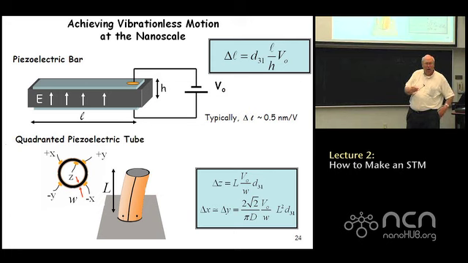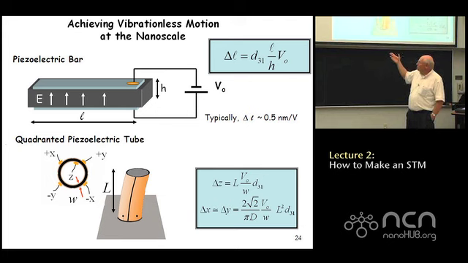So if you want to know how much the bar expands when you apply a voltage, let's say 1 volt, you've got to know the ratio of L over H, and you've got to know that piezoelectric coefficient. Typically for piezoelectric bars you'll get about 0.5 nanometers per volt applied. So if you apply a volt, the length of the bar expands by about 0.5 nanometer, typically.